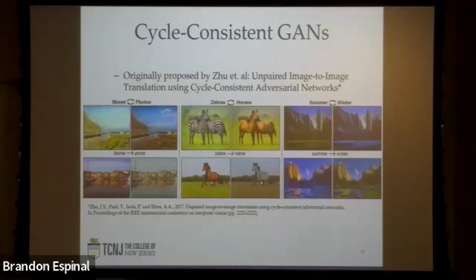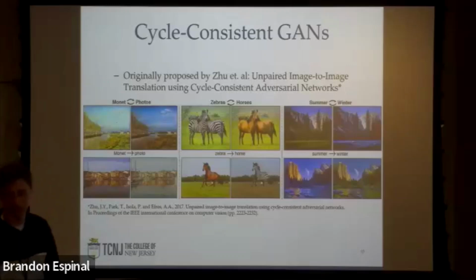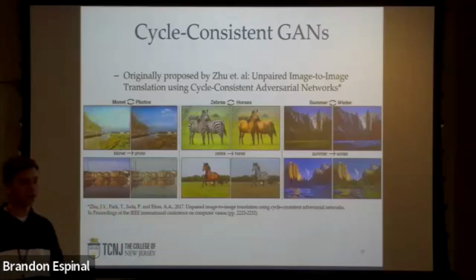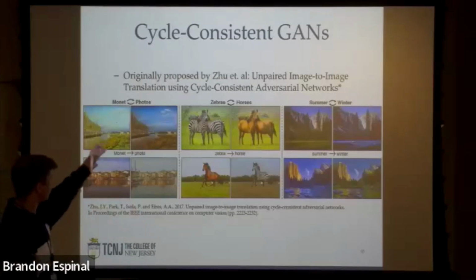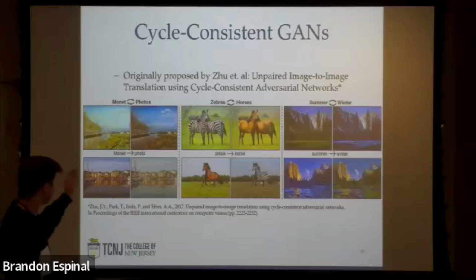So the idea is, and of course we start with pictures, if I have a bunch of Monet paintings and a bunch of photos, you can train one GAN that can turn Monet paintings into photos, and then you can train another GAN that can turn photos into Monet paintings, right?